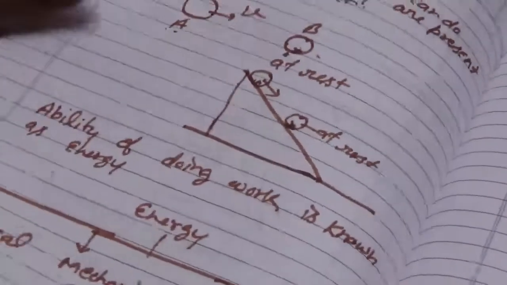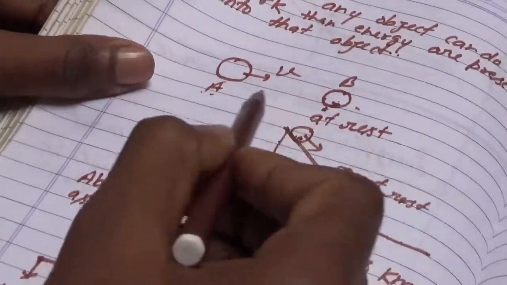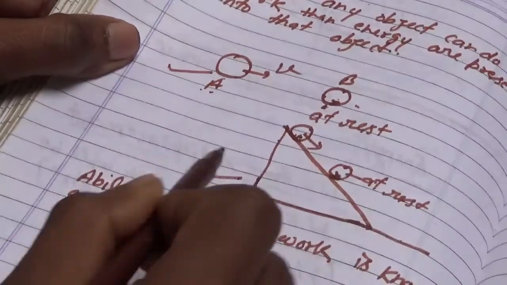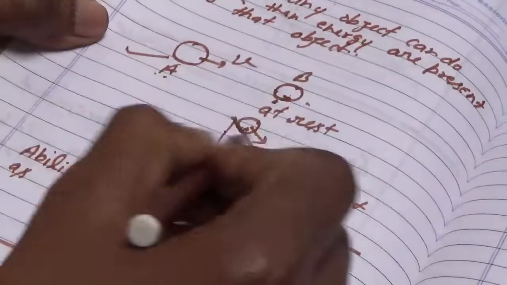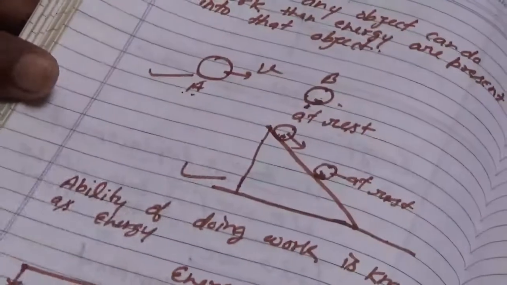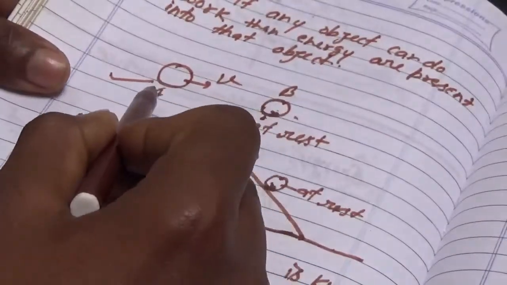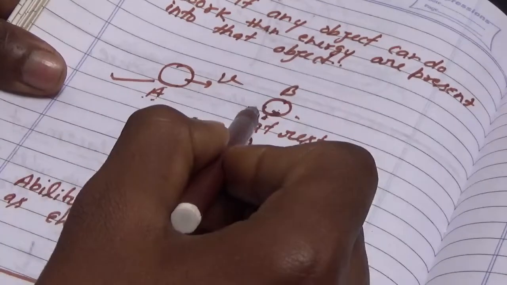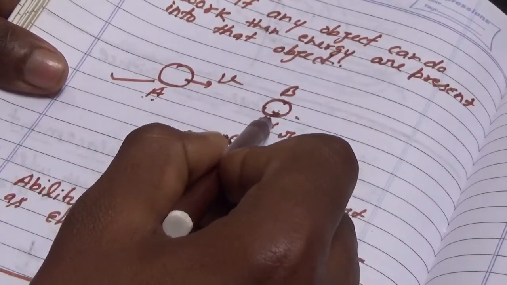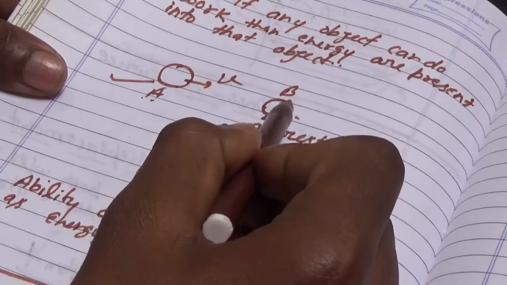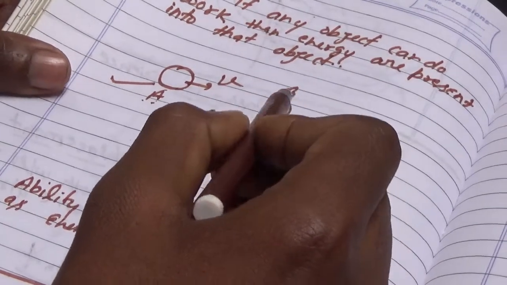Here all these examples which we have chosen are examples of kinetic energy, because here ball A has supplied energy to B, hence ball B is also moving.